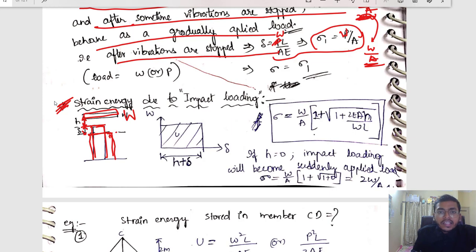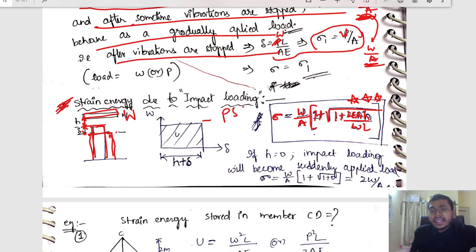Here let me tell you the formula clearly. The stress developed due to the impact loading will be W by A into 1 plus under root 1 plus 2EAH by WL. Give this 3 stars, because this is asked directly as an objective question. I'm not talking about ESE or GATE, I'm talking about state PSCs or PSUs.